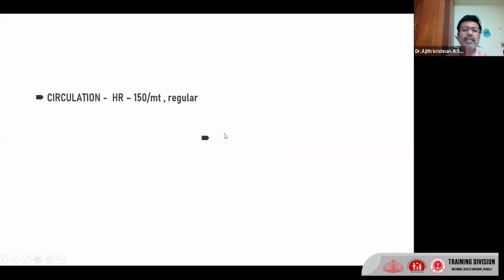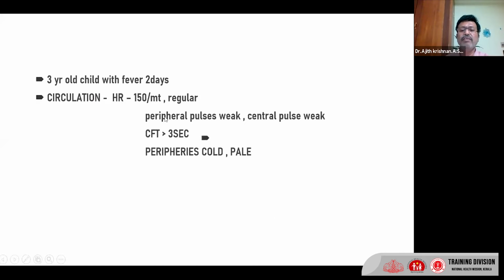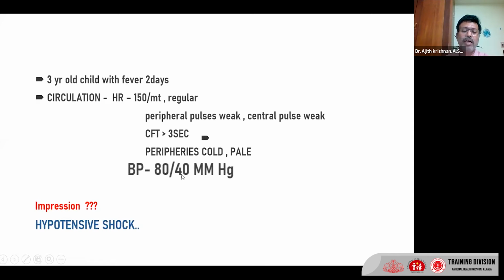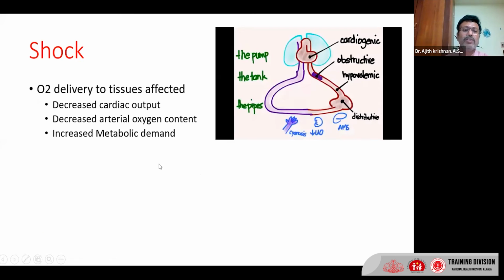In this 3-year-old child, the heart rate is 150 per minute, regular, peripheral pulses weak, central pulses are also weak, capillary refill time more than 3 seconds, periphery cold and pale, and BP is 80 by 40. The child is having hypotensive shock. So what is shock?